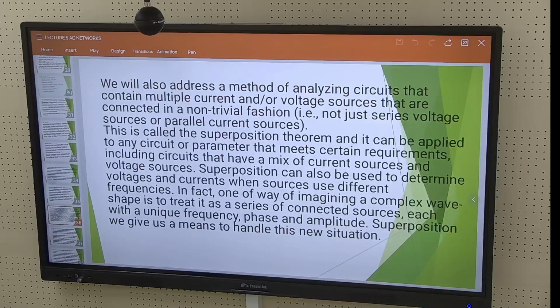Superposition can also be used to determine voltage and current when sources are different frequencies. In fact, one way of imagining a complex wave shape is to treat it as a series of connected sources, each with a unique frequency, phase, and amplitude. Superposition will give us a means to handle a new situation.